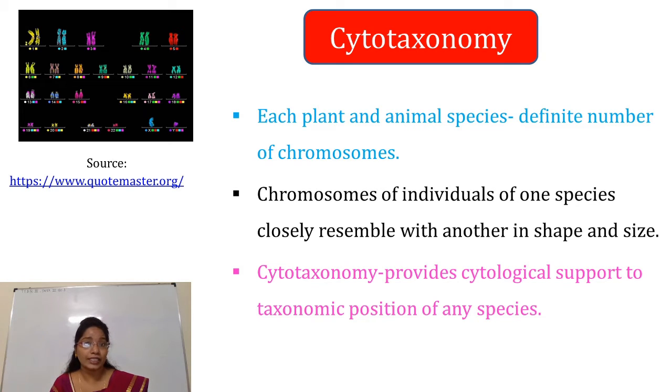So these characters of chromosomes help biologists to study the taxonomic position of any species. So cytotaxonomy is a branch of biology which provides cytological support to the taxonomic position of any species.